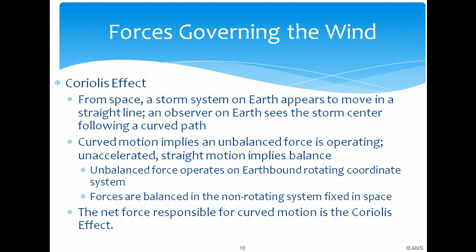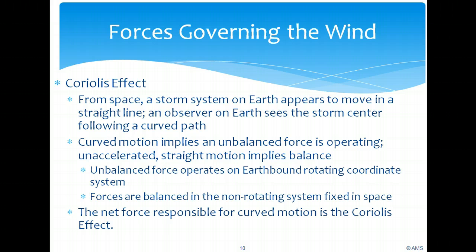The magnitude of the Coriolis force varies with velocity and latitude of the object, and we'll see this in the next slide. Coriolis force is absent at the equator and its strength increases as one approaches either pole. Furthermore, an increase in the wind speed also results in a stronger Coriolis force, and thus in greater deflection of the wind.